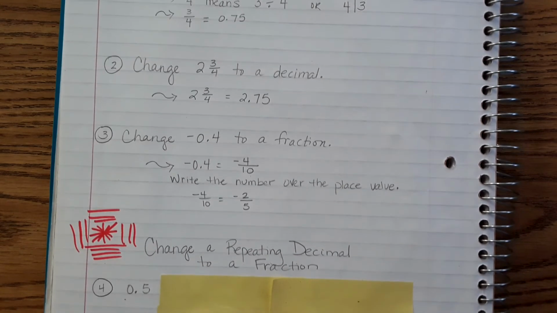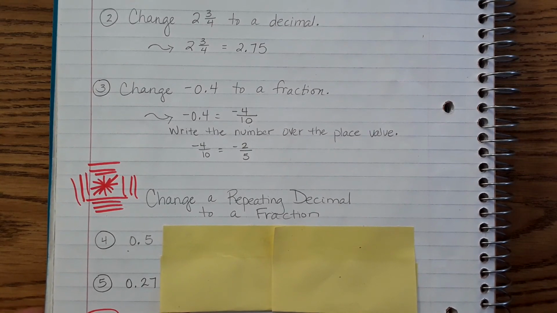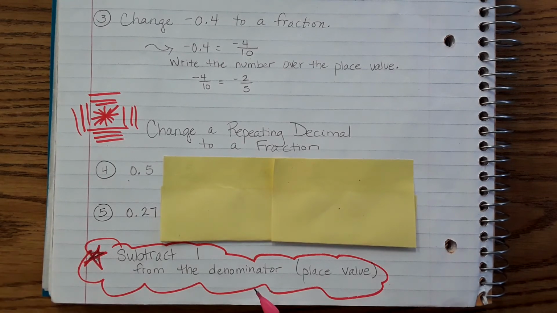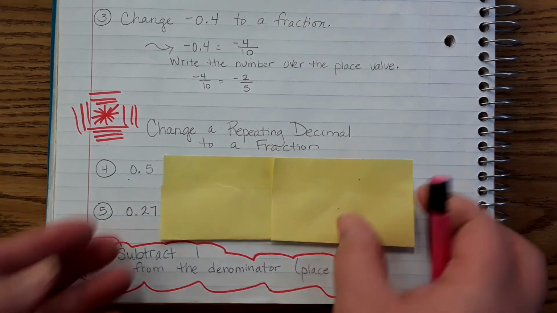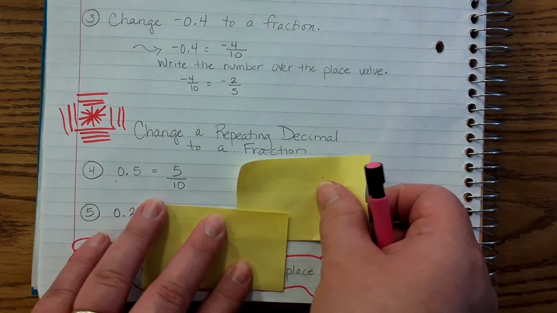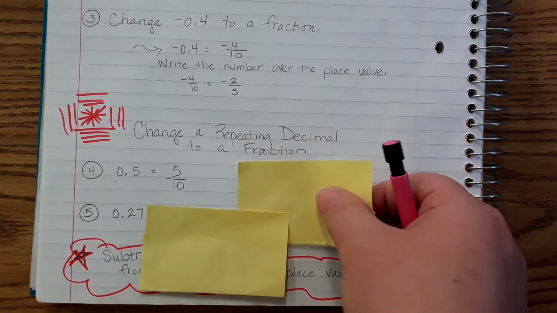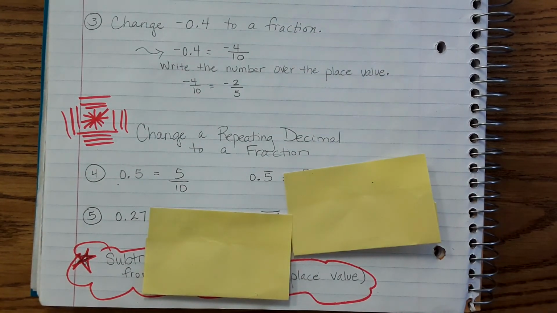Now let's talk about changing a repeating decimal to a fraction. Essentially, what you're going to do is subtract 1 from the denominator place value. So we know 0.5 is 5 over 10, because it's 5/10. But what if we wanted to know 0.5 repeating?